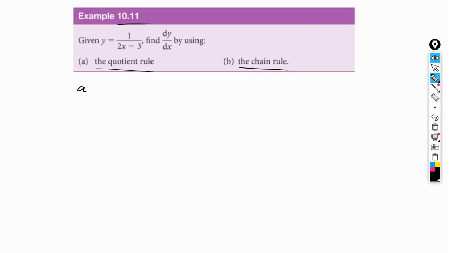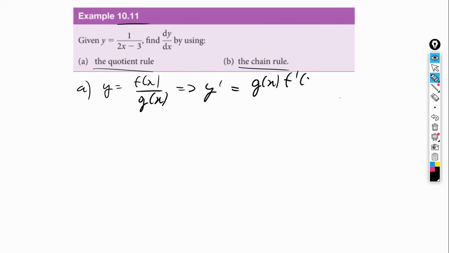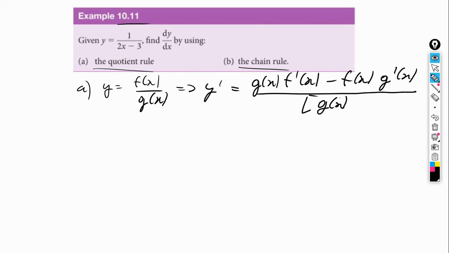So the quotient rule again, recall, it's simply going to be that if we have that y is equal to f of x over g of x, then the derivative of y will be g of x times the derivative of f of x minus f of x times the derivative of g of x, over g of x squared. Okay, so this is the rule, and all we have to do is plug in and substitute.